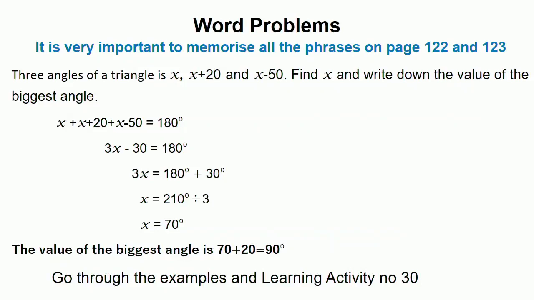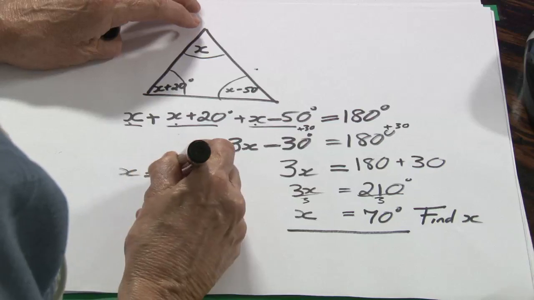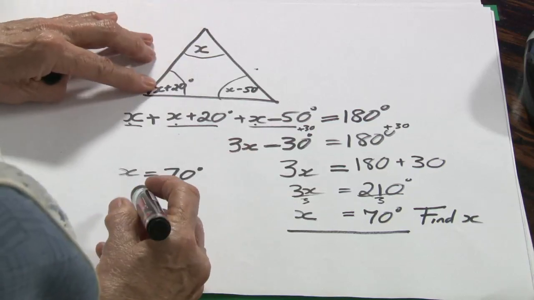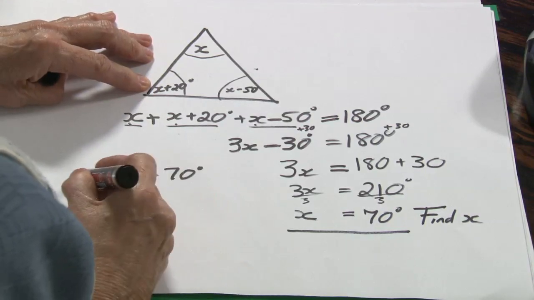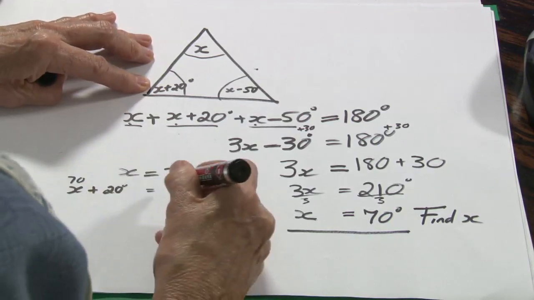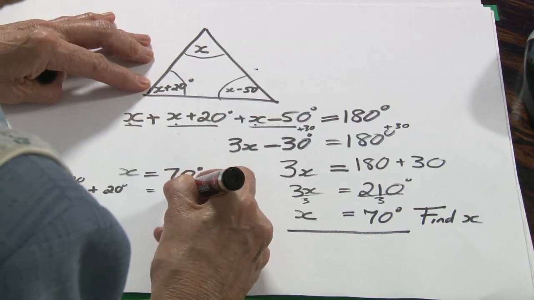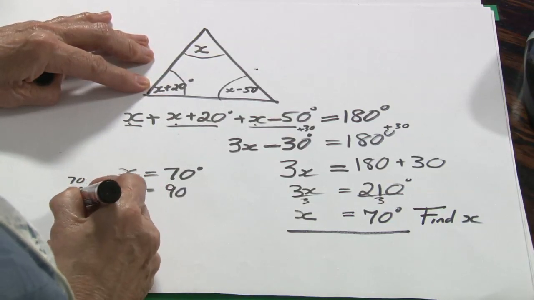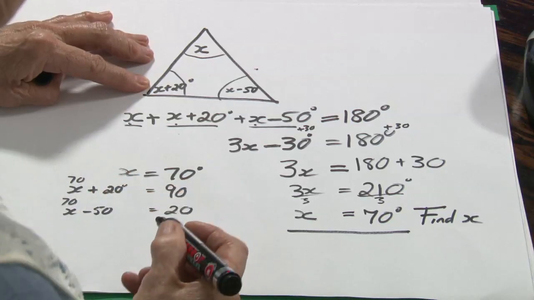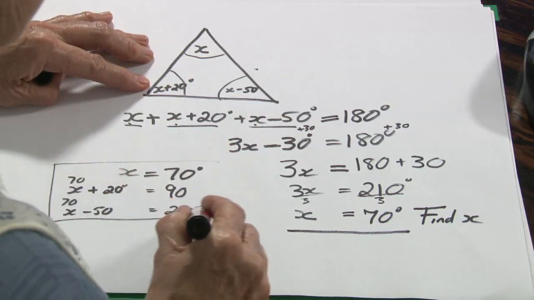Okay, now I must check. x is 70. x plus 20, that's my second angle. So it's 70 plus 20, which is 90. x minus 50, which is 70 minus 50, is 20. So here are my 3 angles.